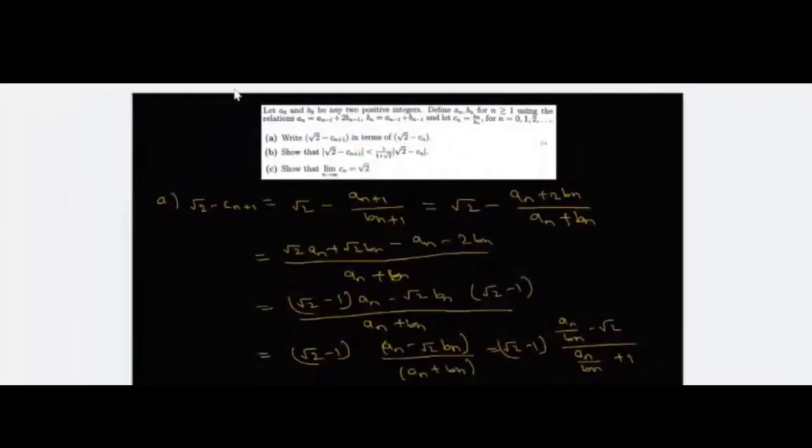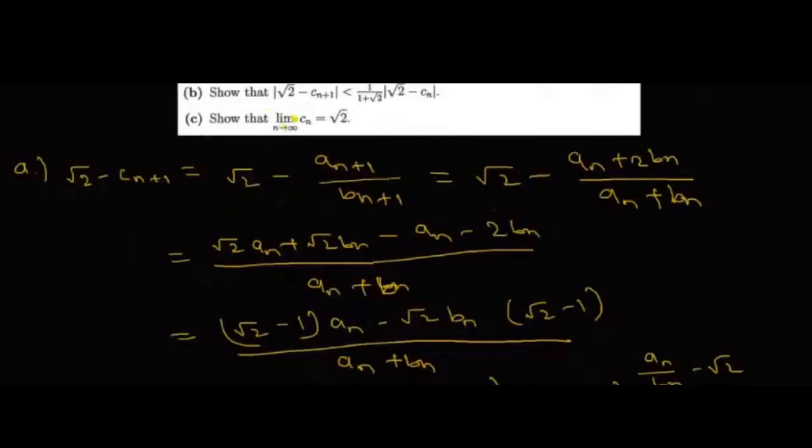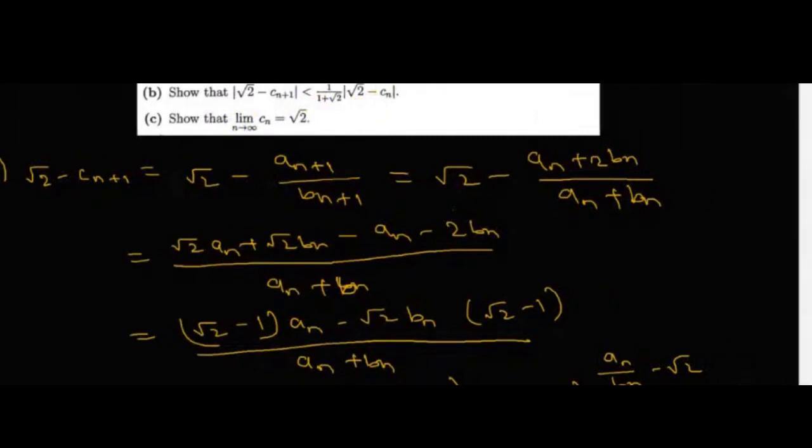In the second part it is asked to show that the modulus of root 2 minus c_(n+1) is less than this thing, right? So let's begin.